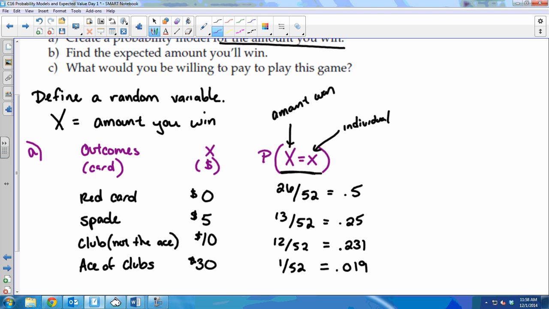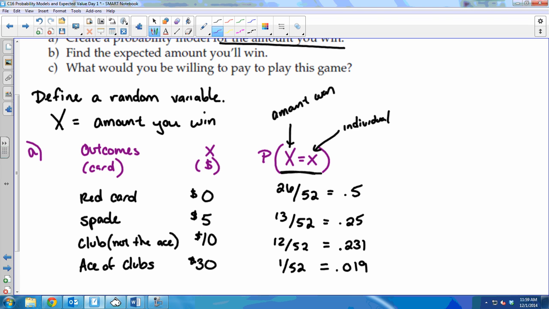They're probably going to look at that on average, right? For this question, part C is going to say, what would you be willing to pay to play this game? Well, then I would want to know on average how much I was going to win, right? That would probably be helpful in assessing the risk of playing this game or assessing the risk of charging $50 for an insurance policy. All right? So how do I find averages when there's different probabilities and different things happening?